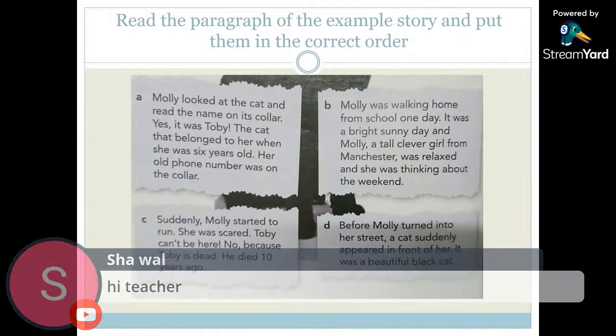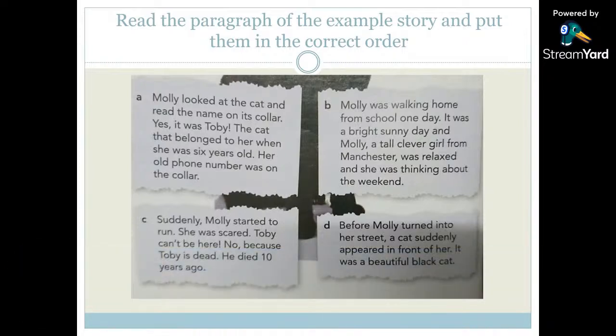Hi Shawal, can you please tell me where is the beginning of this story? Okay, ada 4 perenggan yang dipecah-pecahkan. Jadi can you tell me which one A, B, C and D is the first paragraph?